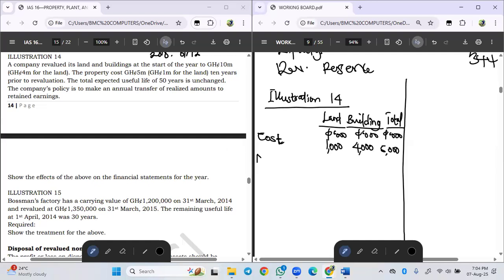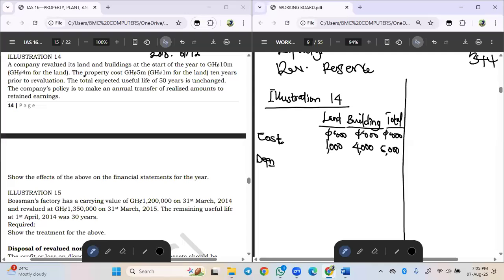Now depreciation. The question you ask yourself is, when was the revaluation? Because we are saying that you have to determine the carrying amount as at the revaluation date. They said that 10 years prior to revaluation.